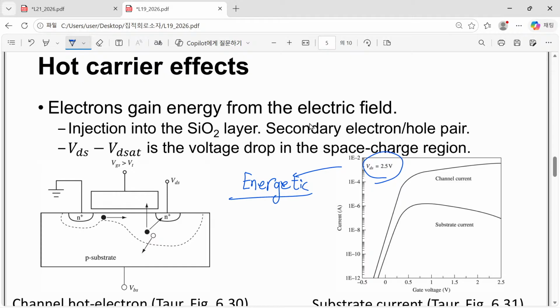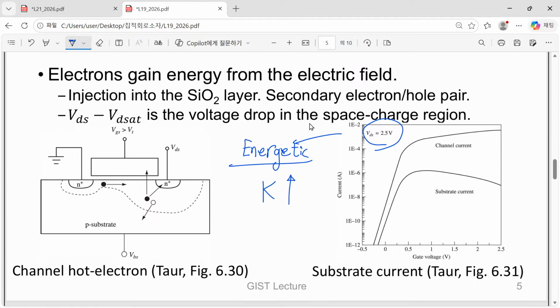They can have quite a high kinetic energy, and that can introduce something called the hot carrier effect.